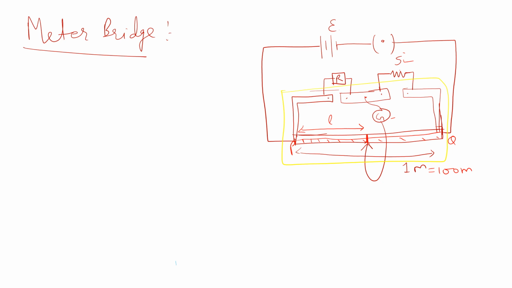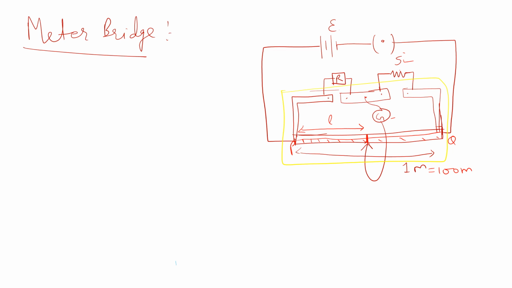When it shows zero deflection I will stop the jockey at that point, and will notice the length from the point P, which is along the side of the resistance box, and I will calculate the value of L. So let us say at some distance L I got the null point.